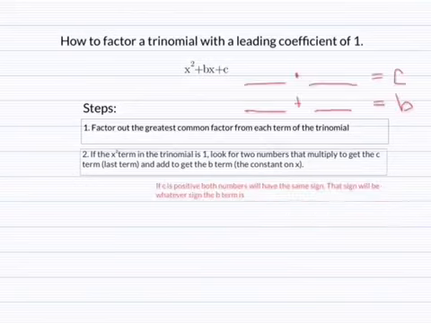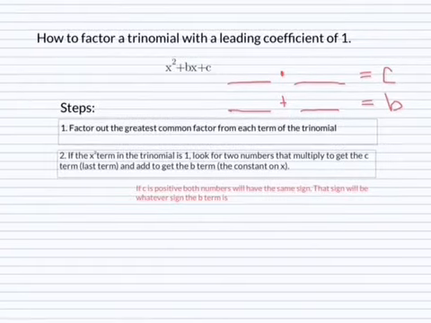The first way to look at this is if in my quadratic equation, my c term right there is positive, then both numbers will have to be whatever the sign of b is, because a negative times a negative is a positive, and a positive times a positive is positive.